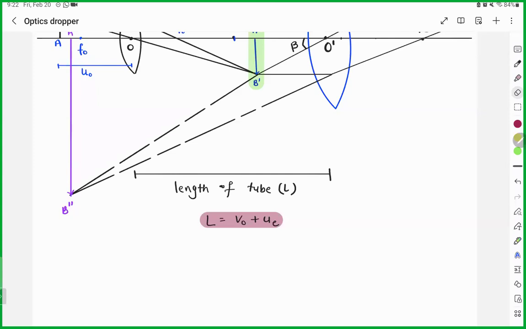Sir, I'm unable to zoom out so you can't see the whole thing, but I've drawn everything. Okay.